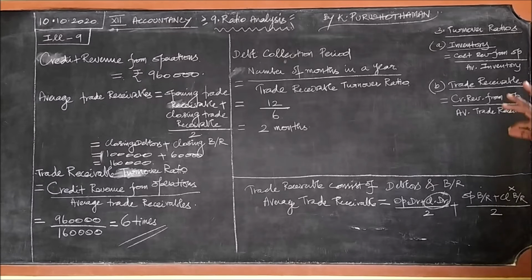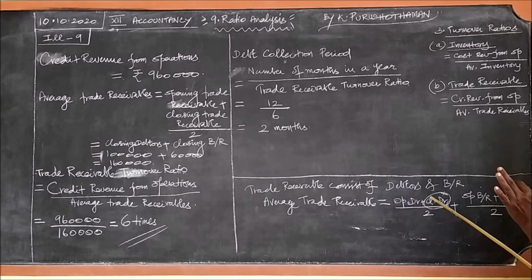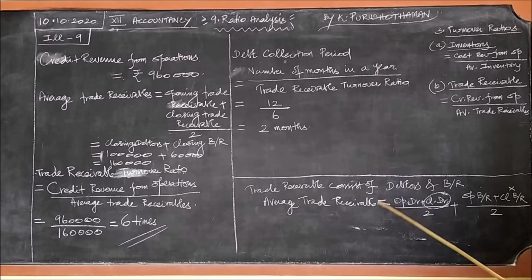So there is no question of finding the average. To find the average, we should have 2 pieces of information regarding the same item. If only one is given, we cannot find the average.